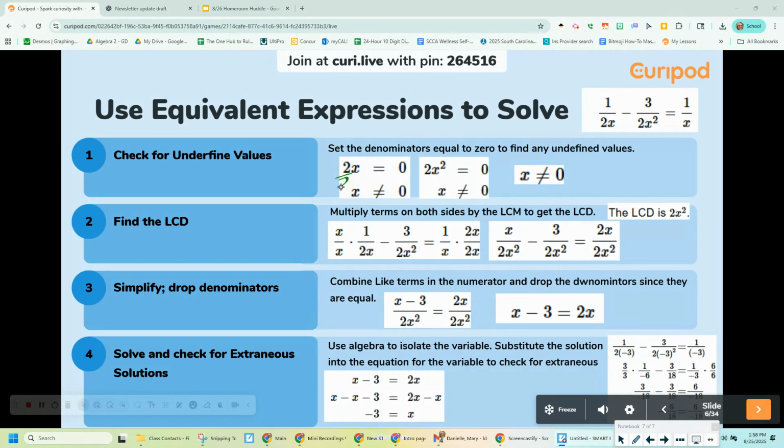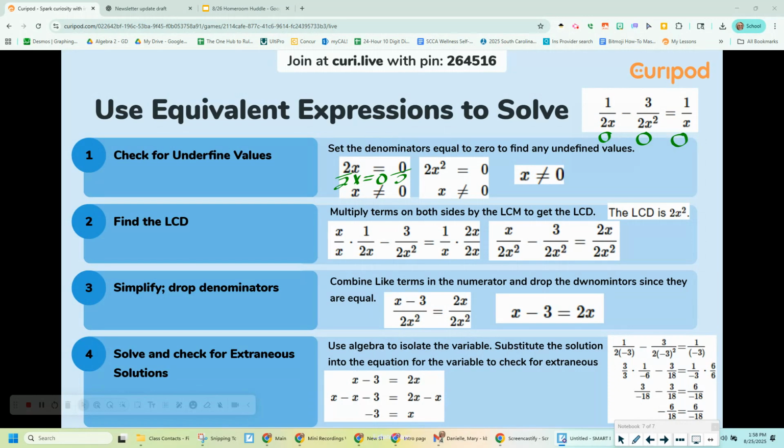If I divide by 2 on both sides, I get x equal to 0. Which I do not want, so I cannot have x equal to 0. If I replace x with 0 in any of these denominators, that is going to make my fraction undefined. Okay, so we always want to make sure we solve for any of those undefined values.